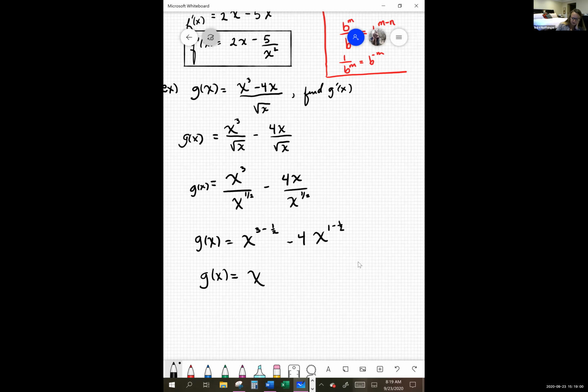So 3 over 1 is the same thing as 6/2 minus 1/2 to get a common denominator. So 6/2 minus 1/2 is 5/2, minus 4x to the, so 1 minus 1/2, common denominator. So 2/2 minus 1/2 is 1/2.